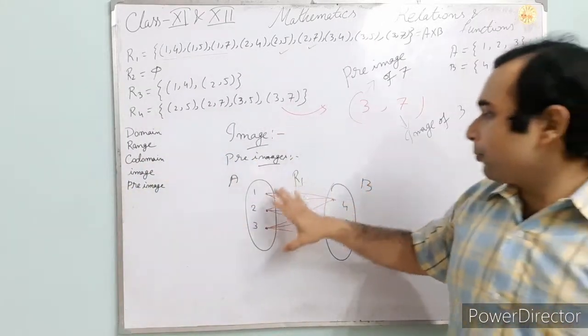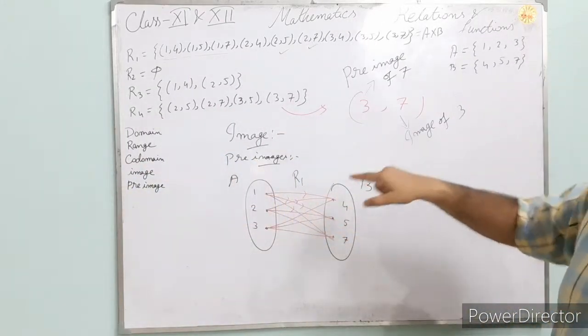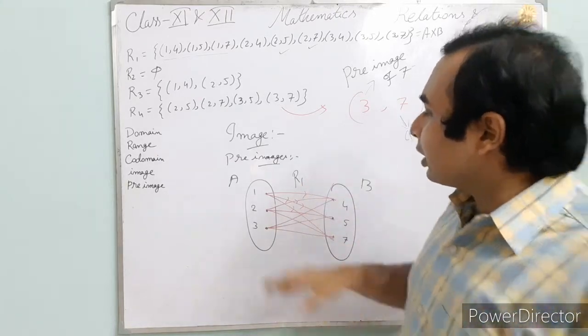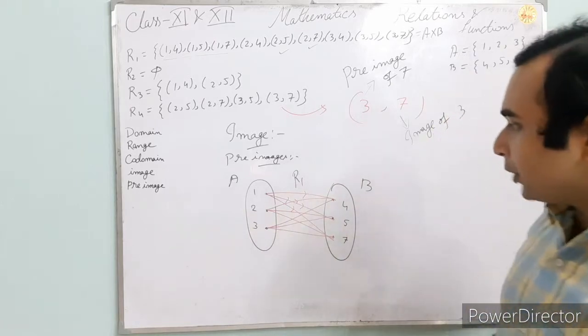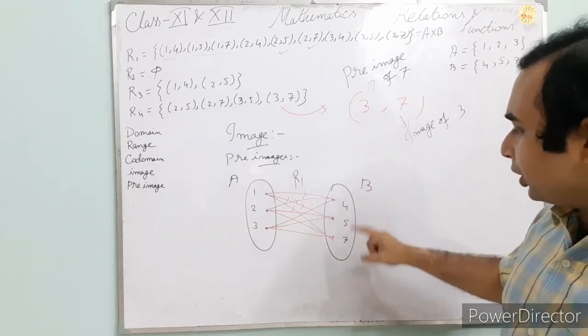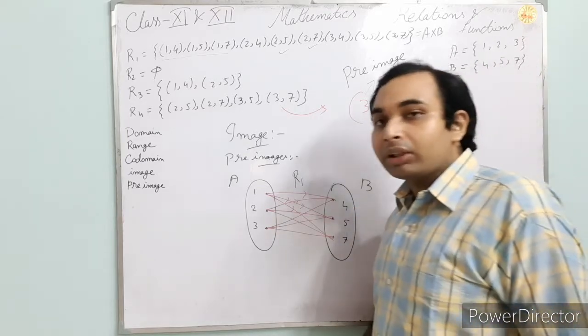So for the relation R1, 1, 2, 3 are the pre-images of the corresponding elements of the set B, those are 4, 5, and 7.